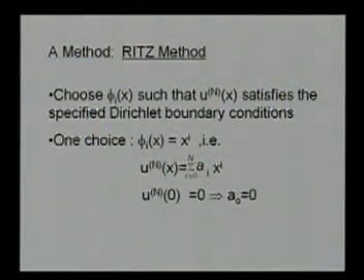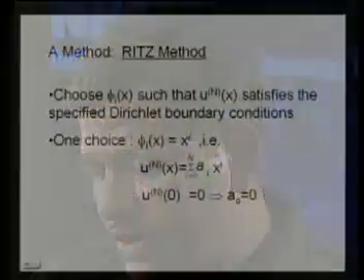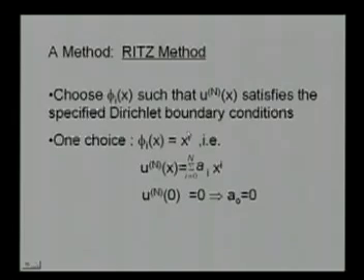So when we put un at 0 is equal to 0, then automatically a0 comes out to be equal to 0. So once we have a0 equal to 0, then our series will be written in terms of the summation i equal to 1 to n of ai x^i, and what we will need to do is to develop a sufficient number of equations to obtain these ai's. That is, we need n equations in terms of the n unknown ai's.